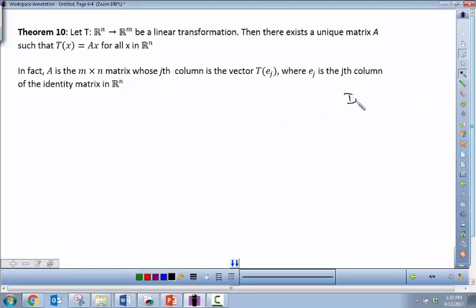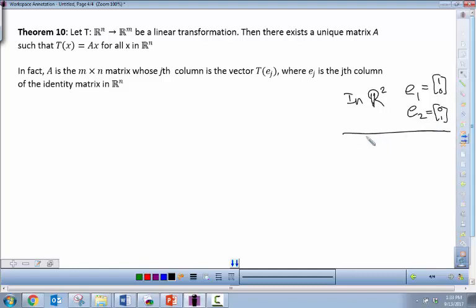The E sub j vectors are the standard unit vectors for whatever space you're dealing with. So in R2, there's only E1 and E2. E1 is 1, 0, E2 is 0, 1. If we know what the transformation does to these two vectors, then we know what the transformation does for anything else.